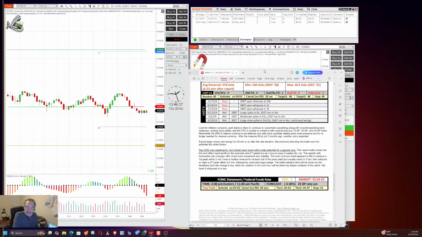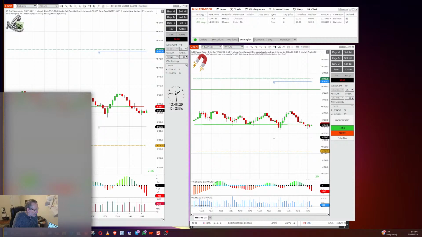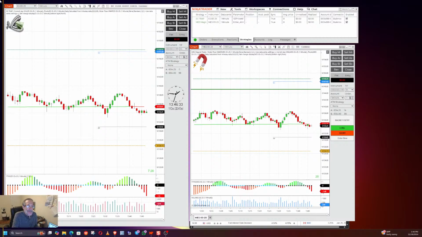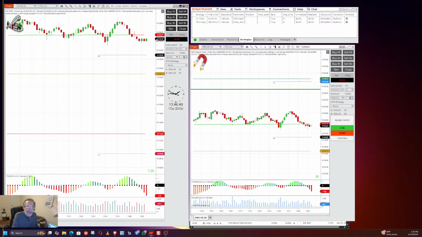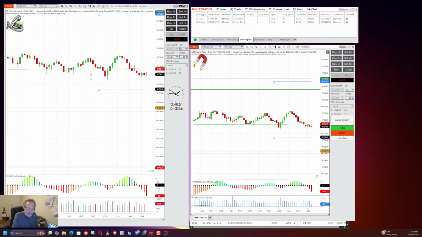I turn it on. If I turn on my trade, I get the icon. That icon shows me that our software is active and my trade is ready to go. This is the chart I'm trading the trap trade on.